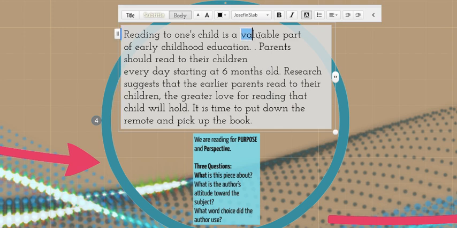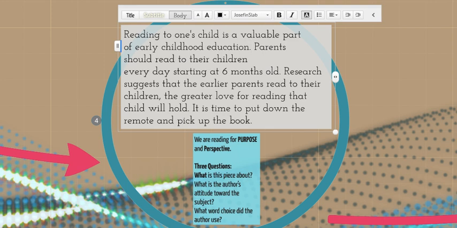They use the word valuable here in the first sentence, which also tells me that they believe this to be a valid point and that they support this idea that the earlier we read to our children, the more love they're going to hold for reading. So that's how I see those two pieces of perspective and purpose.